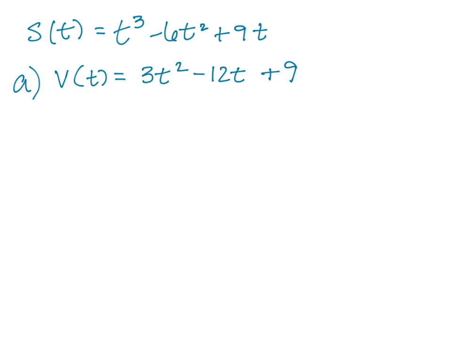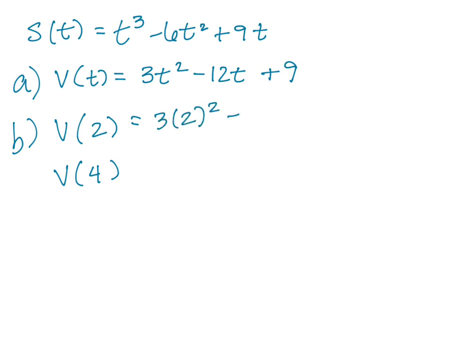All right, so letter B on this one question that's going to last half our lives. What does it say for B? Find the velocity at time t equals 2 and t equals 4. So for part B, we're finding v of 2 and v of 4. For t, I'm going to plug in a 2.